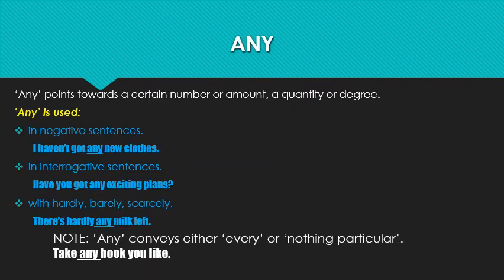Now comes any. Any points towards a certain number or amount, a quantity or degree. Any is used in negative sentences. I haven't got any new clothes. Negative, although I have told this to you before, means sentences where the word no, not, never comes.